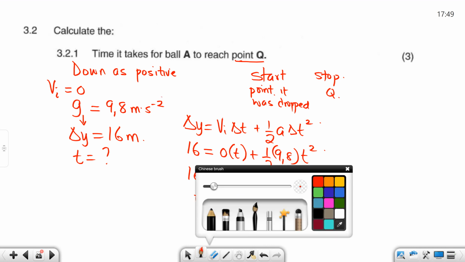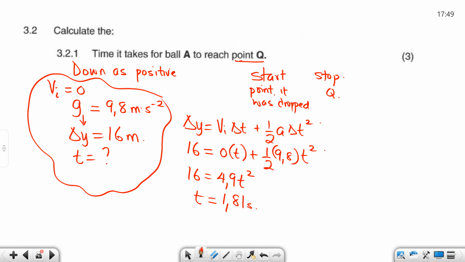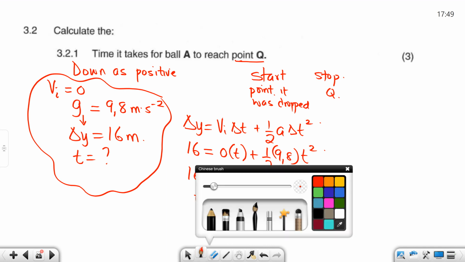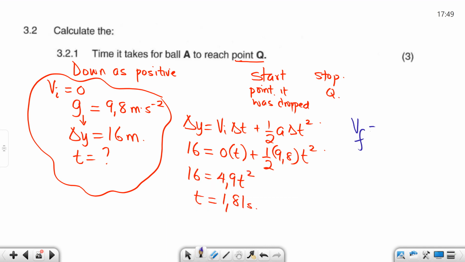You see, you want to skip this. No, but you cannot go to this formula. Check. VF and VI. Ask yourself, do you know VF?